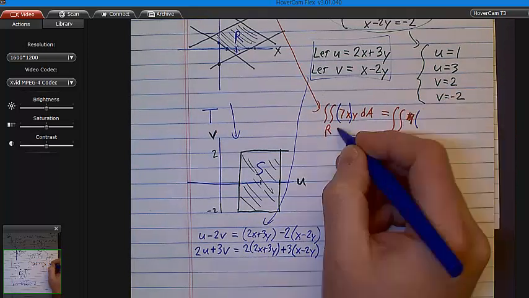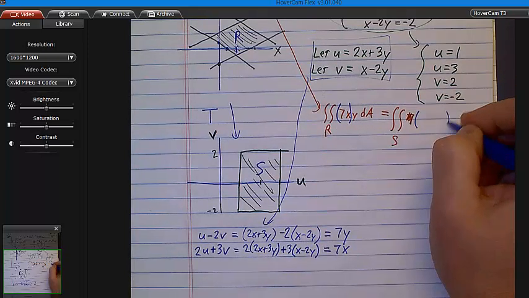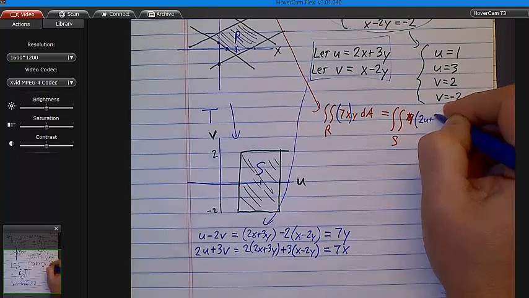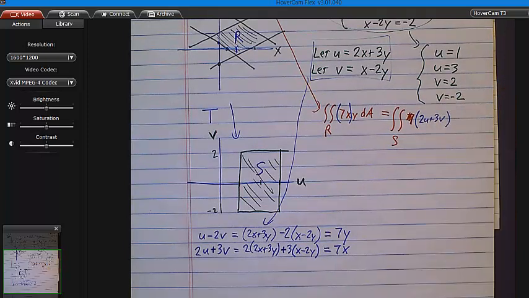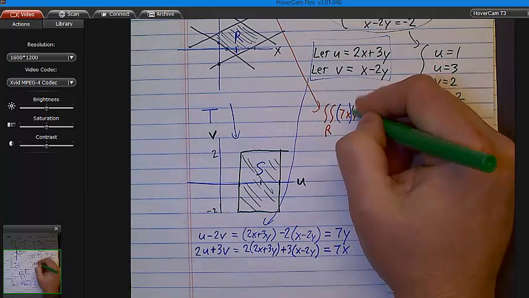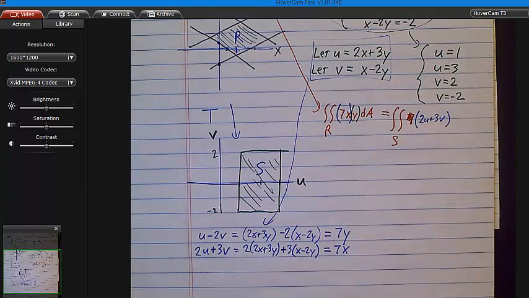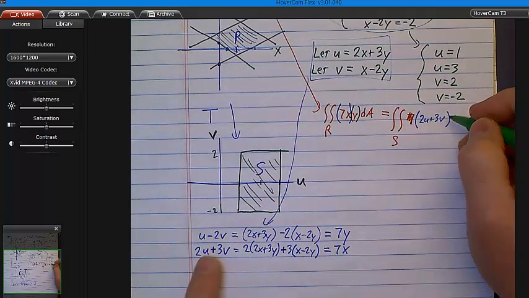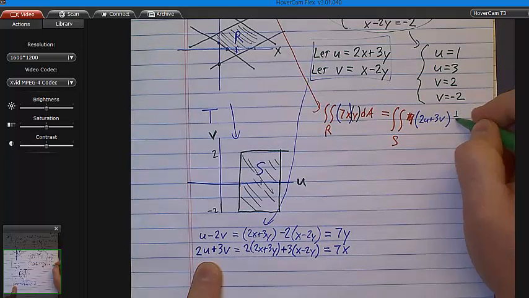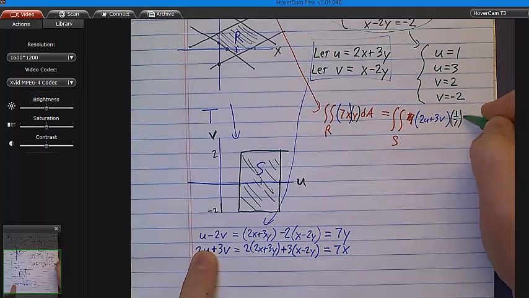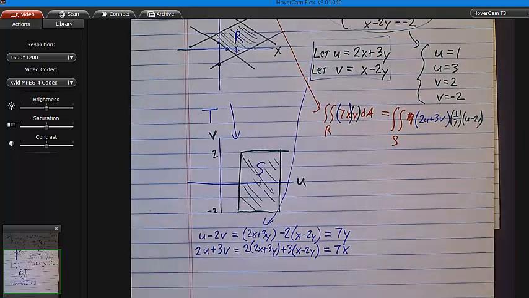I can replace that 7x with what? 2u plus 3v. That's nice. Now where it says y, not so lucky. What does y actually equal? I guess it's 1/7 of u minus 2v. You guys with me?